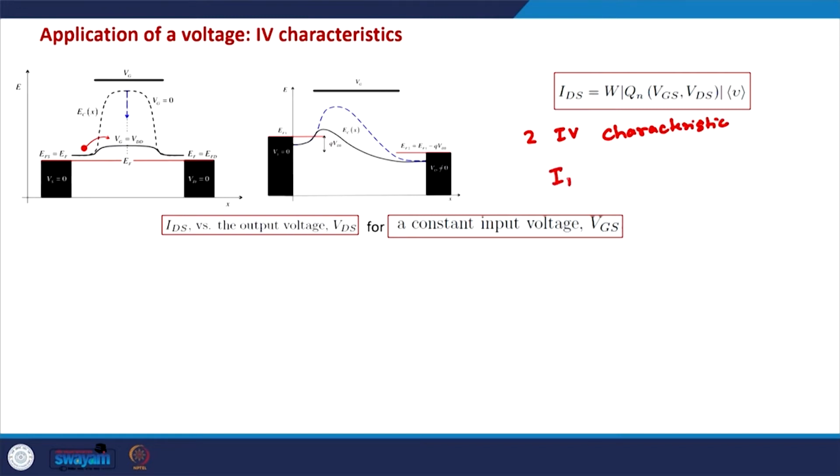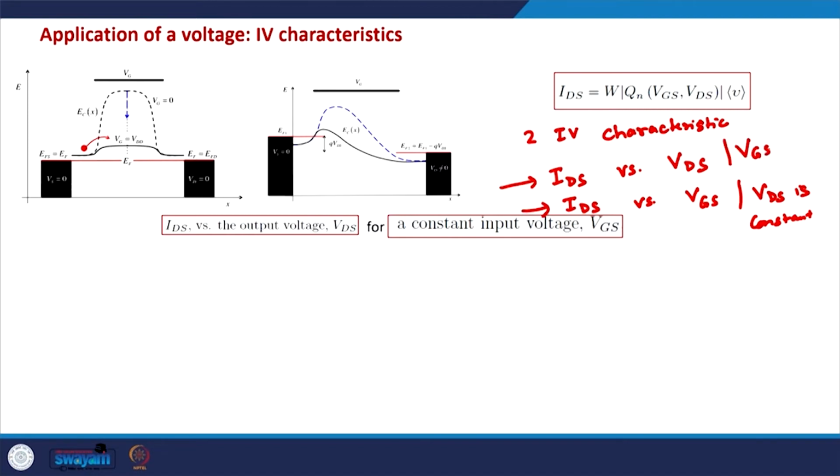One is IDS versus VDS, the current as a function of the drain voltage, when VGS is constant. The second is IDS versus VGS, the current as a function of the gate voltage, when VDS is constant. IDS versus VDS is known as the output characteristics of the MOSFET, and IDS versus VGS is known as the transfer characteristics of the MOSFET.